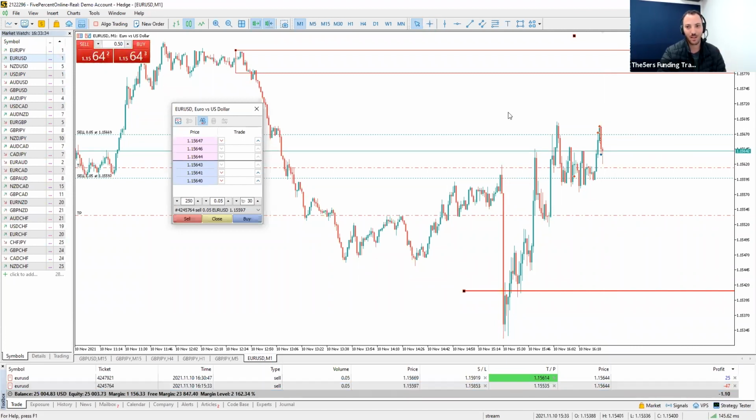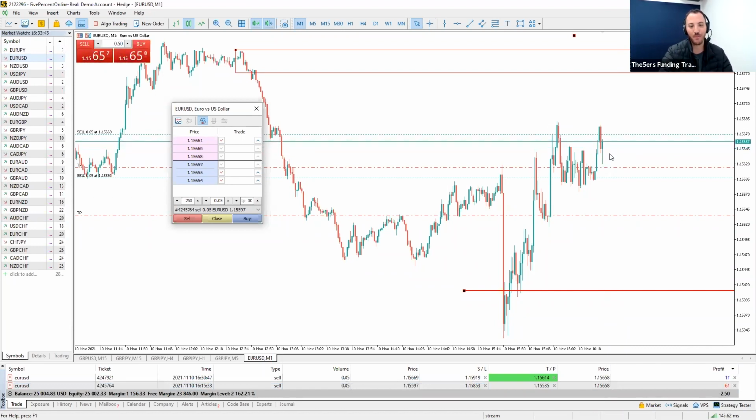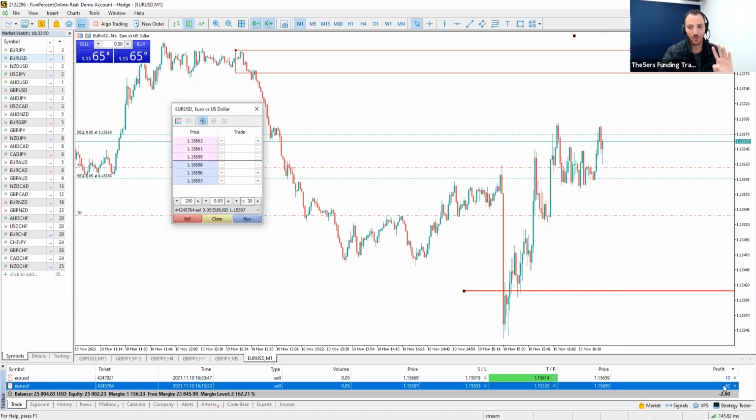Okay, I know we're working on the 5-minute chart, so everything happens so quickly. But if I'm 4 pips up, I could choose to take that one off to be at break even, and to leave that one on in case that goes in my favor.